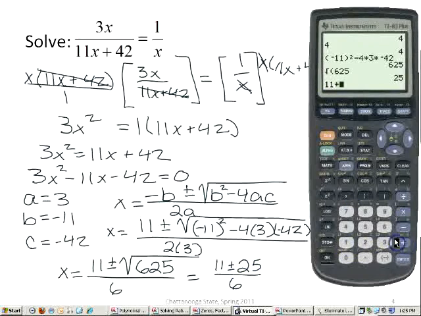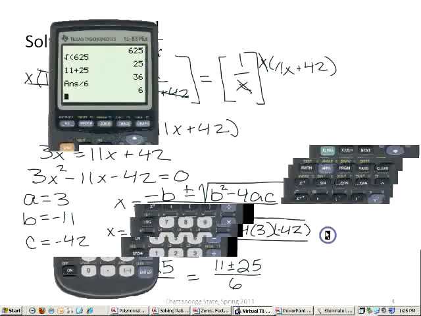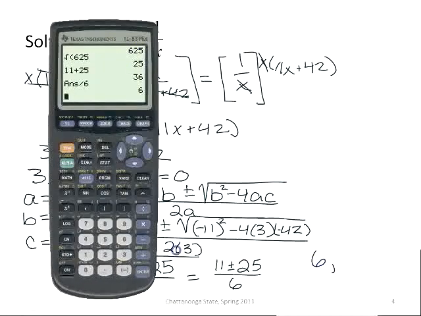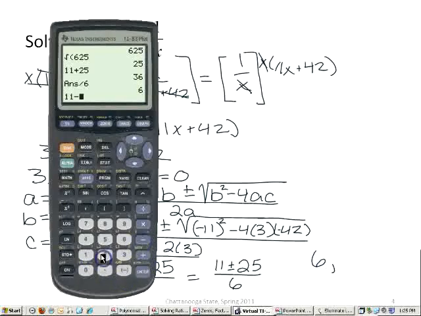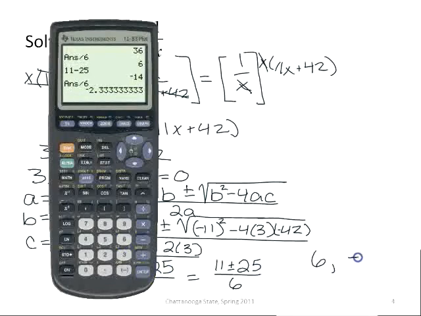So let's see, 11 plus 25 divided by 6 gives me 6, and 11 minus 25 divided by 6 gives me, what was it, negative 14 over 6, which is negative 7/3. So I have a negative 7/3 and a positive 6.